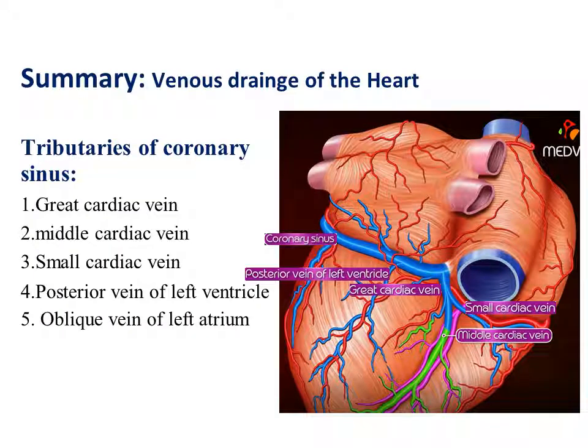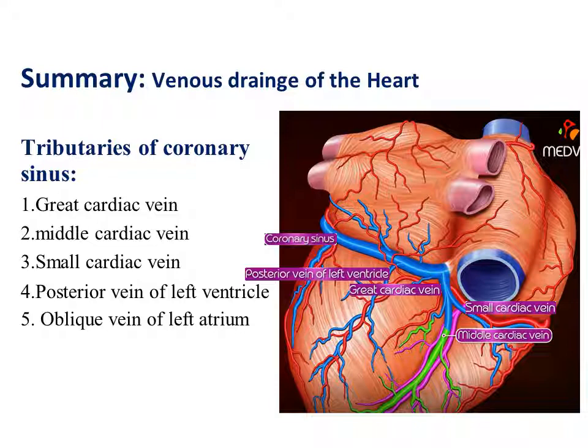Let us have this nice illustration. Really, the posterior surface of the heart is nicely delineated. Tributaries of the coronary sinus are the great cardiac vein. Look at it, nicely seen, and the drainage in the posterior interventricular groove. The coronary sinus is there in the atrioventricular groove.